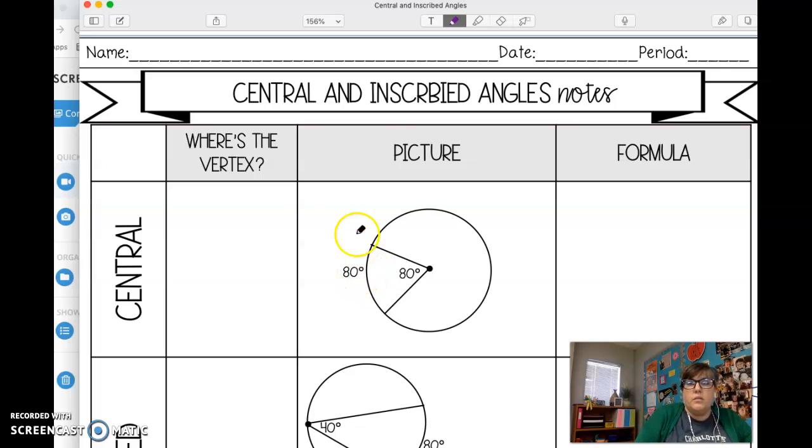In this video, we're going to be looking at central and inscribed angles. So we have a typo up here, inscribed angles. We talked about circle vocabulary, and that a central angle has the vertex at the center of the circle.